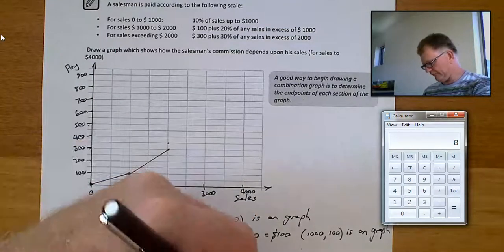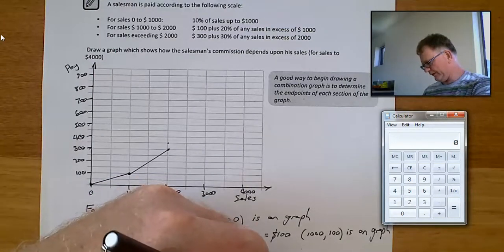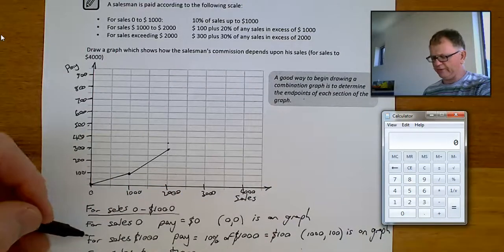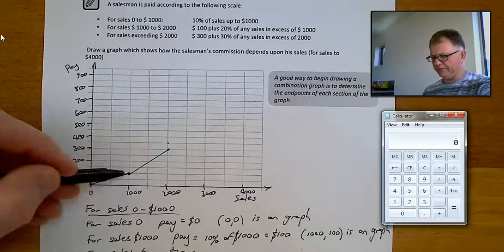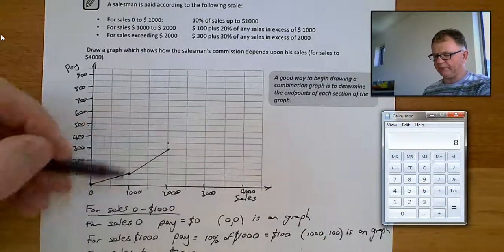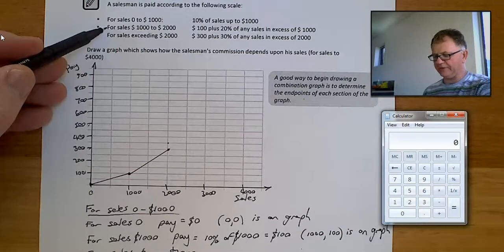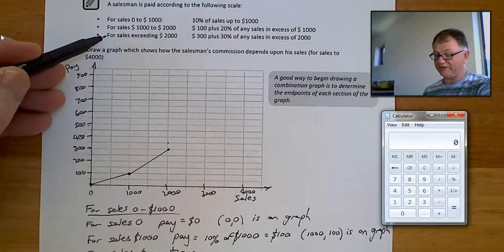The point 2,000, 300 is on the graph. We already knew that though, because we'd already known that the last section finished at that point. So the second section finished at that point, the third section starts at that point. So we're doing a little bit of work twice here.